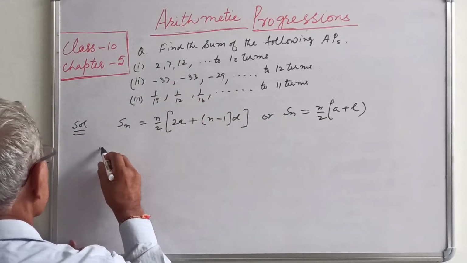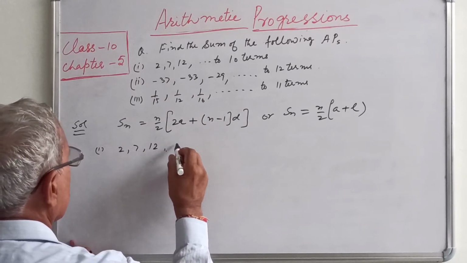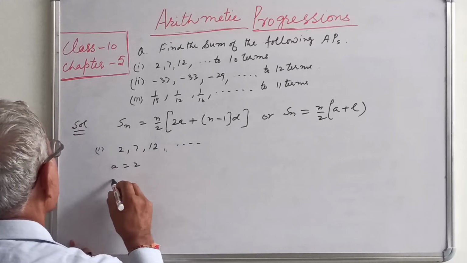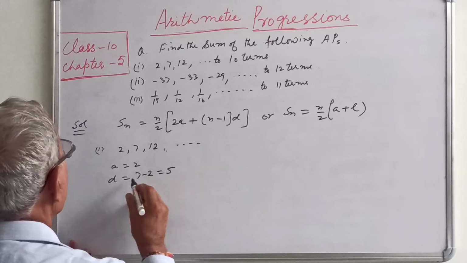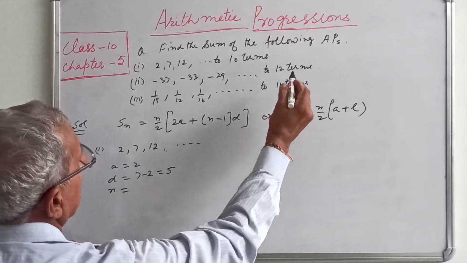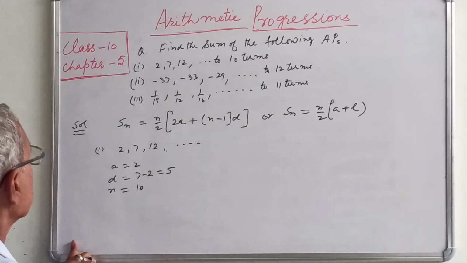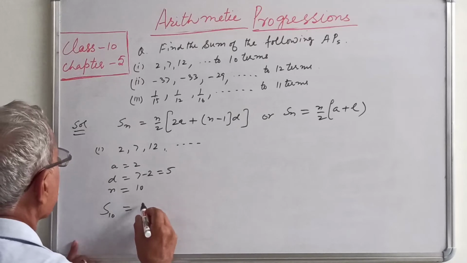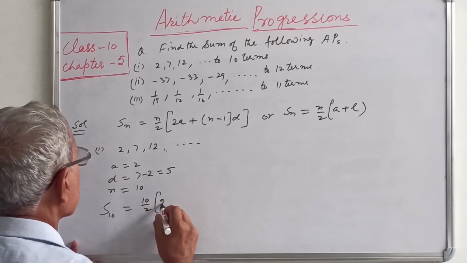So first AP is 2, 7, 12. So A is 2, D will be 7 minus 2, that is 5, and n here is 10. So therefore S10 will be 10 upon 2 into 2a.